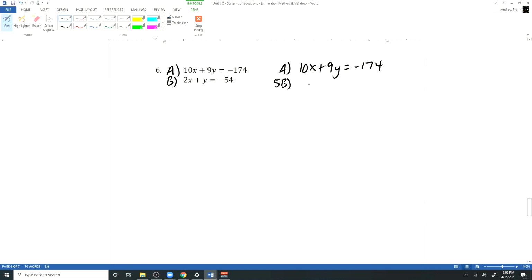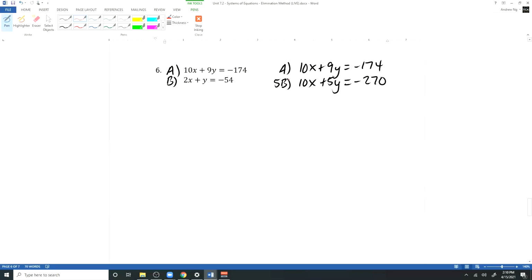This will be 10x plus 5y equals negative 54 times 5. That'll be negative 270. Same sign, positive 10x, positive 10x.